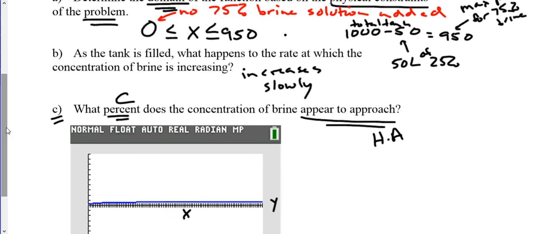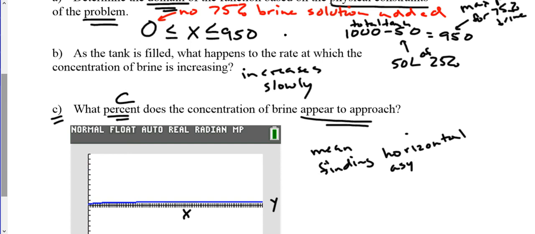That means we're finding the HA, which is the horizontal asymptote of this rational function.